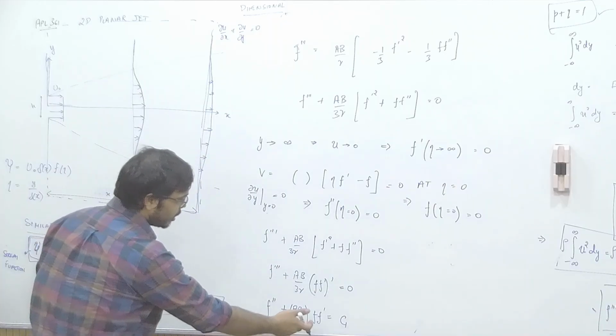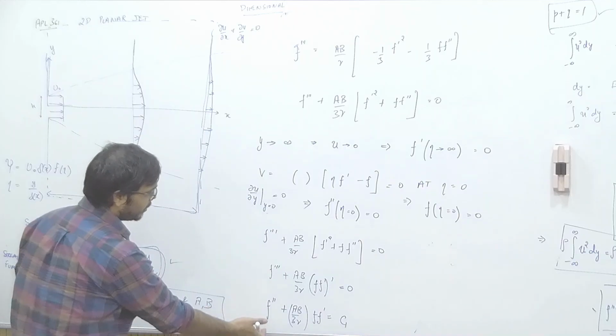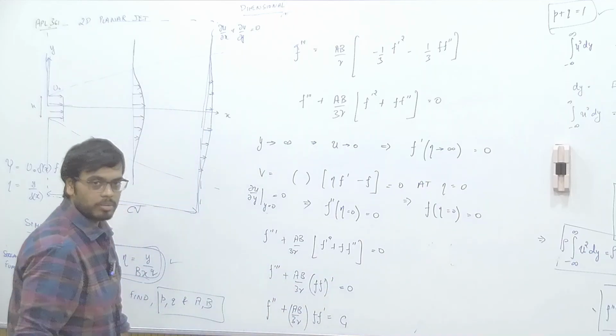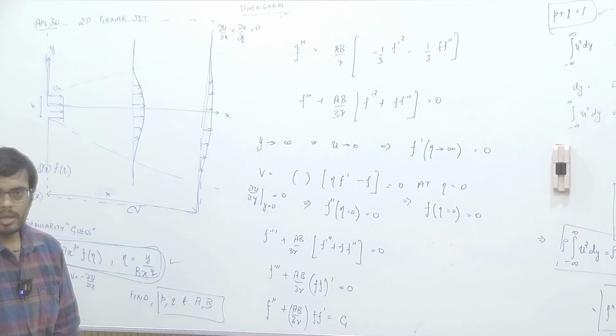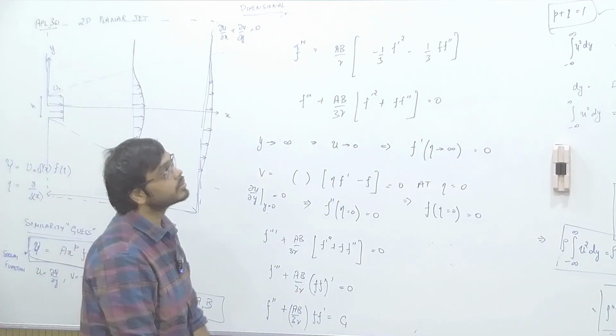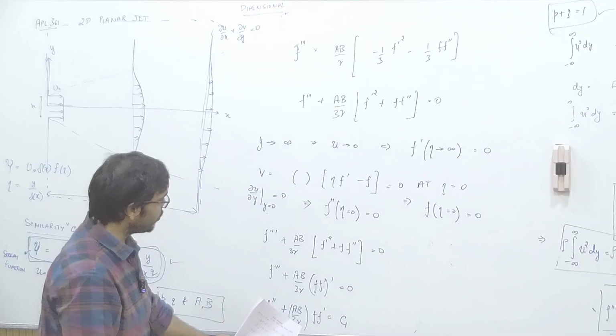What can you say about ff prime and f double prime? Here we can still form full derivatives. Ff prime is f square by 2 prime, right?